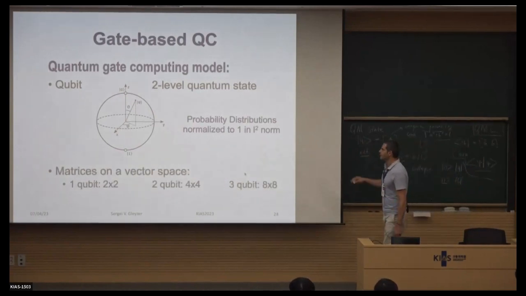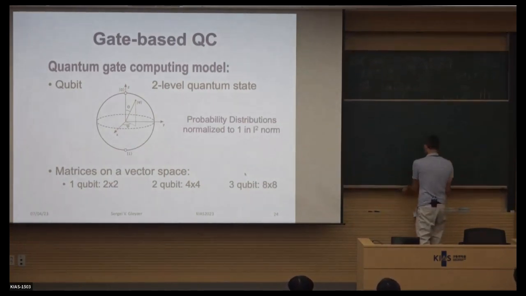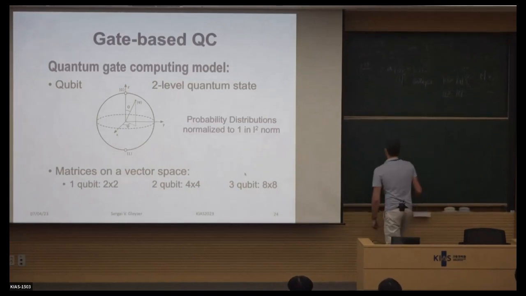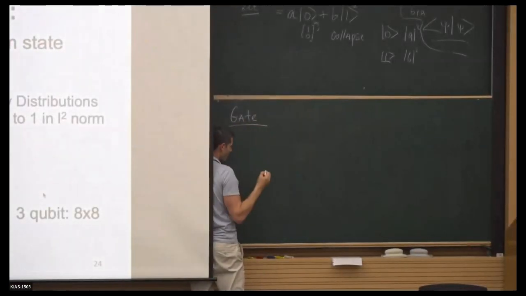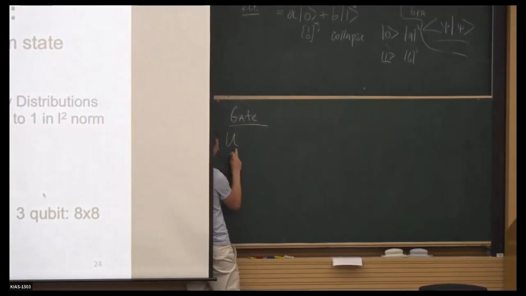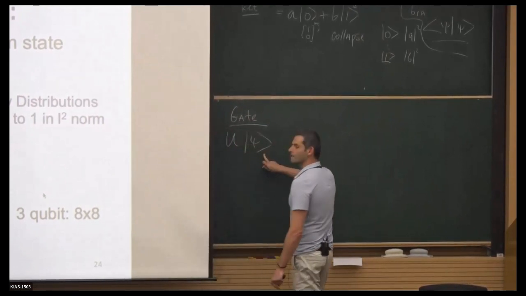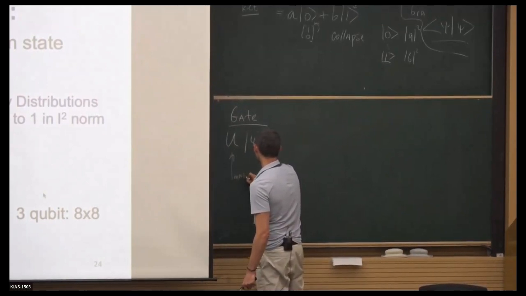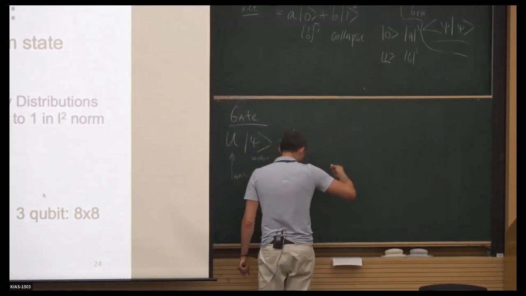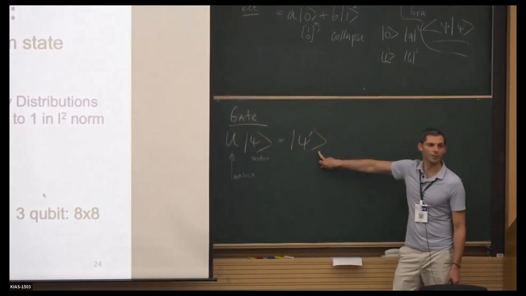The second thing, let's write it down here. If I'm talking about a quantum gate, one thing I want to mention is that it's an operation on my quantum state, my wave function. Now this right here is a matrix. That's a vector. And I'm going to obtain some other quantum state, which is also a vector.